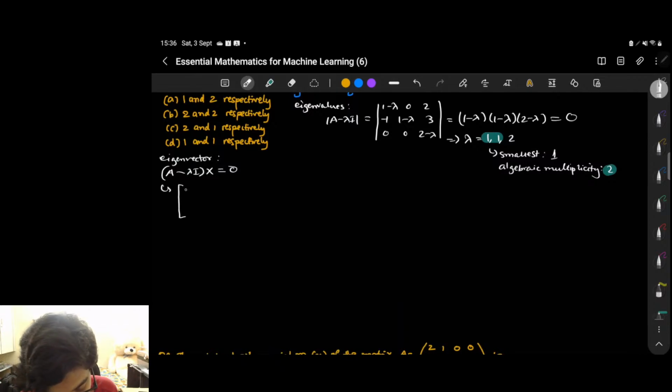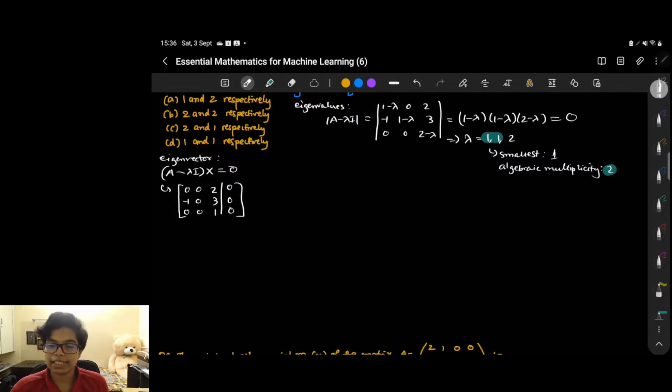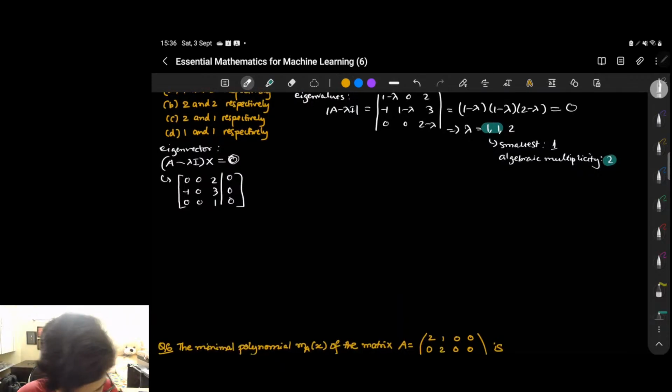A minus lambda I would be 0, 0, 2, negative 1, 0, 3, 0, 0, and 1. And this is the augmented matrix form, wherein we write down the matrix A minus lambda I and the column vector 0, the constant one, and then x is the one that we need to find out. So let us apply row operations. First row operation, let us interchange R1 and R2.